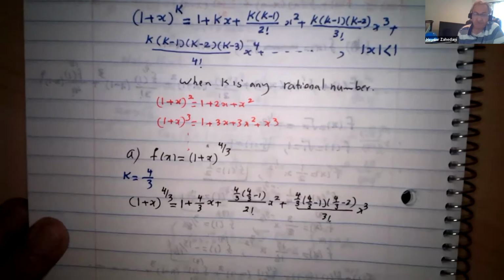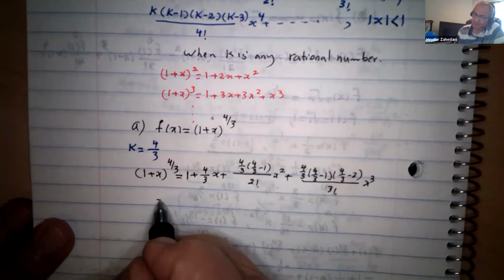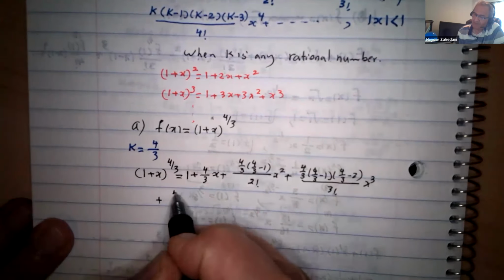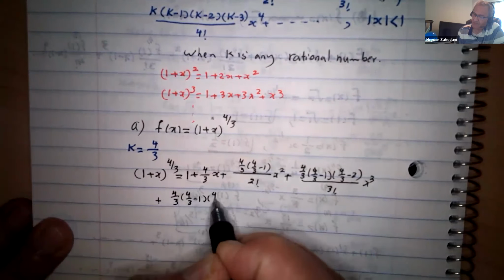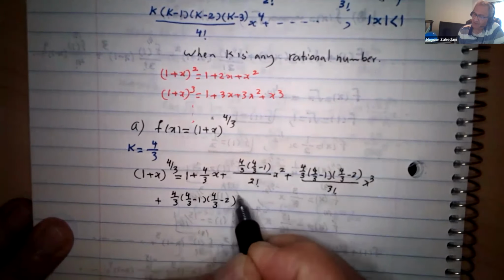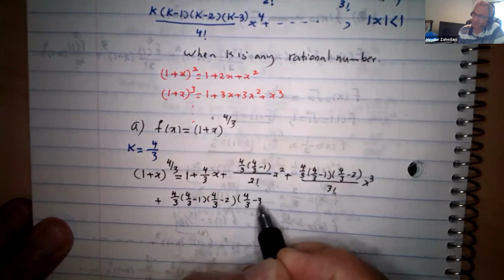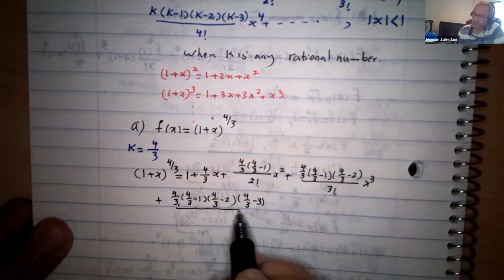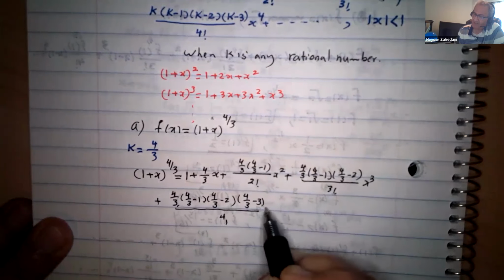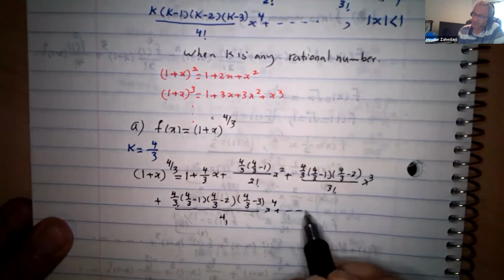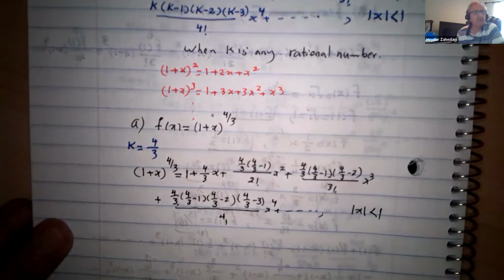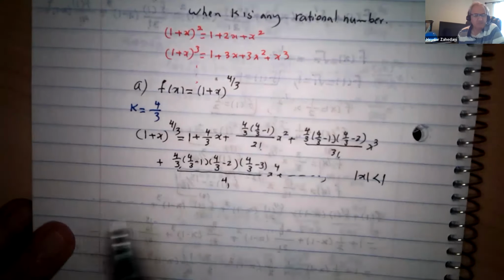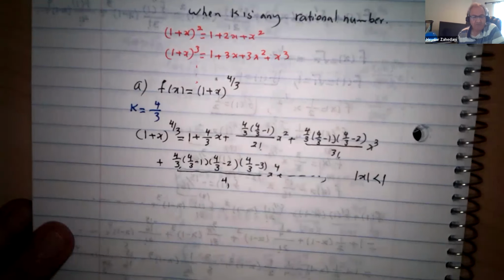They ask for up to the 4th power, plus 1 more: 4/3 minus 1, 4/3 minus 2, 4/3 minus 3 divided by 4 factorial x to the 4th. The radius of convergence is 1. Simplify these coefficients and you're done. That's all we need you to do for us.